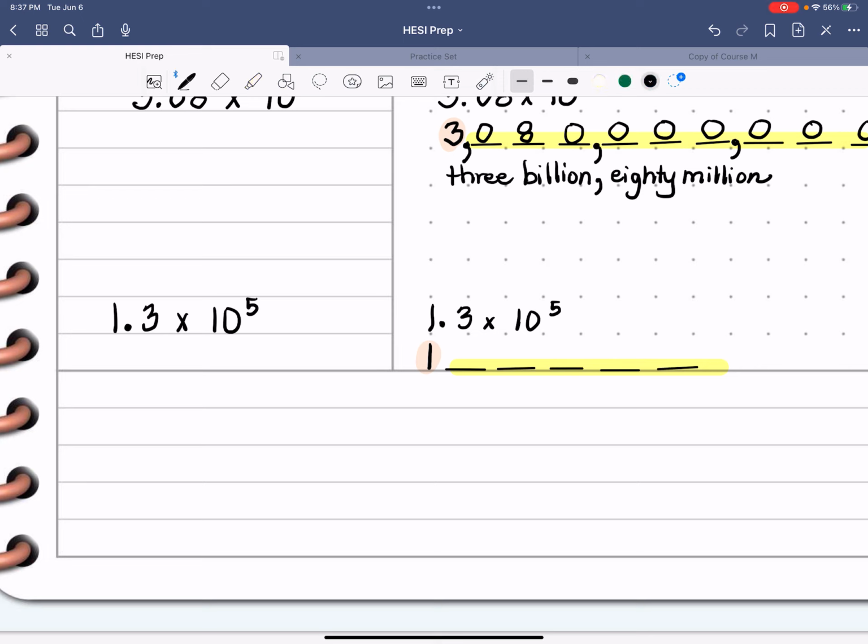And here comes the 3. It has to sit right after the leader, and then we round out the spaces with zeros. So we have the unit section and the thousand section this time. We have 130,000. So there we have scientific, standard, and word form.